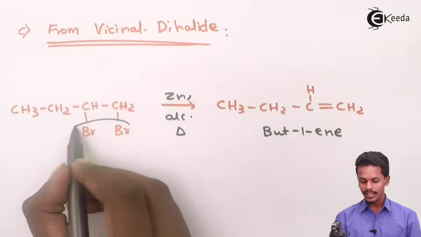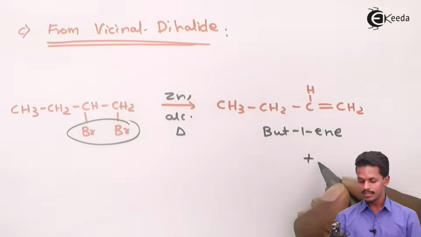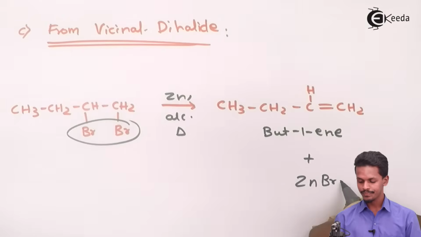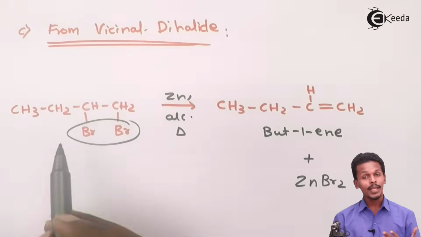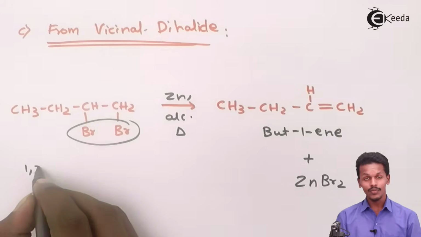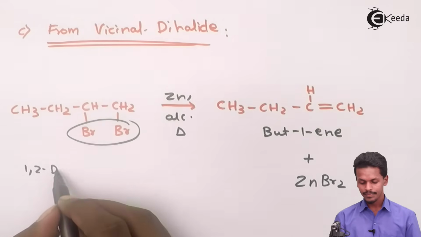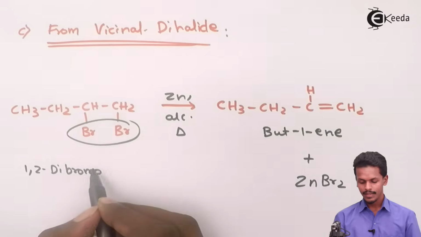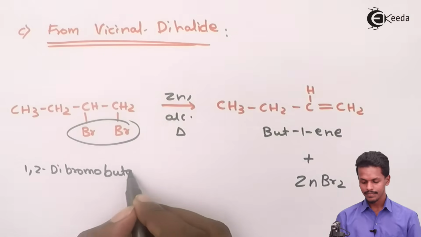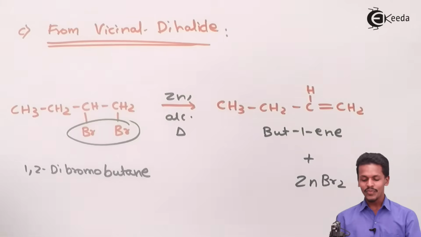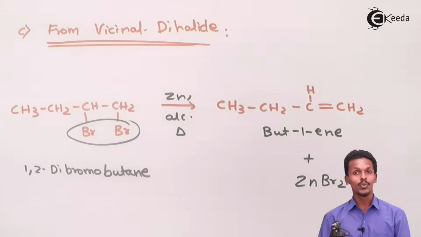Zinc will take away the 2 Br to be removed as ZnBr2, and the name of this would be 1,2-dibromo-butane. So this is how we have converted those molecules to but-1-ene.